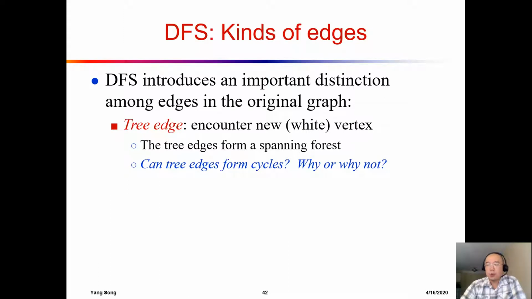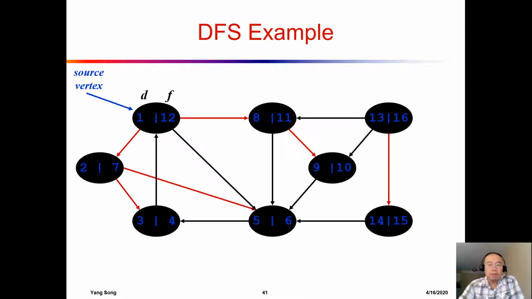Okay, let's continue. So after seeing how the DFS works, the next part is we want to discuss different types of edges. Well, of course, we know that if we follow all the red edges in this example, we get a tree or multiple trees as a forest, right?